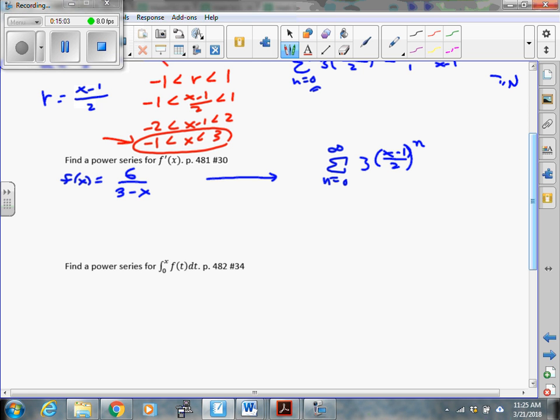Okay, what we're going to do is take the derivative of first the function, and then we're going to take the derivative of the series.